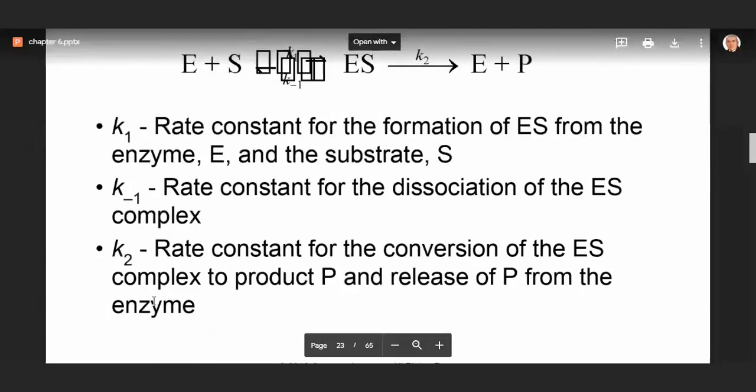However, K2, as you can see here, is the rate constant for the conversion of ES complex to product P and the release of P from the enzyme.